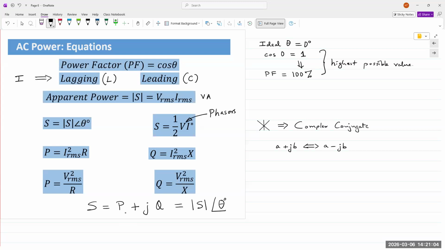So A plus jB would become A minus jB. R with a phase angle theta would be R with a phase angle of minus theta. So that is the product of V times the complex conjugate of I.